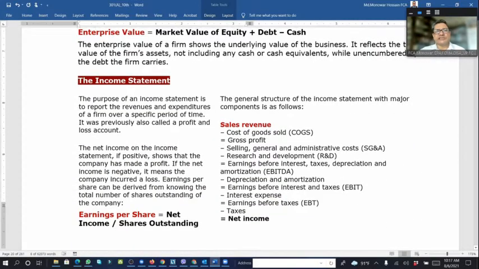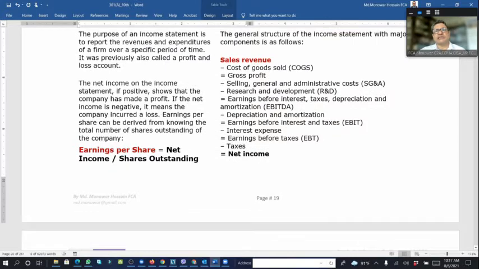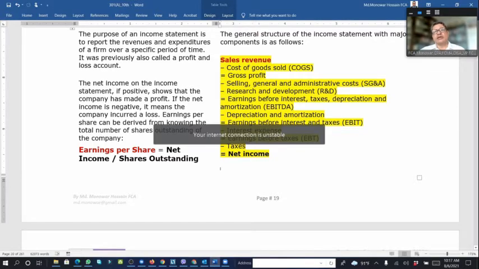So how does the income statement come about? This is the logical order of items. Sales revenue: from the revenue, if we subtract cost of goods sold, we get gross profit. From the gross profit, if we subtract selling, general and administrative costs and also research and development costs, we get earnings before interest, tax, depreciation and amortization.